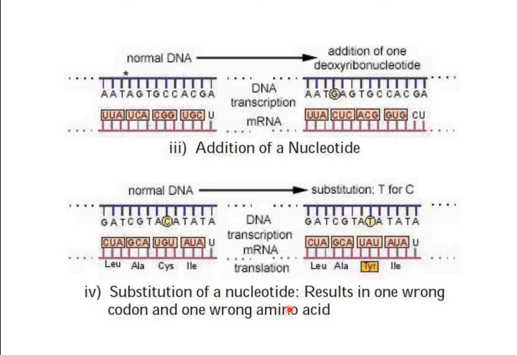Then in substitution of a nucleotide, we can see that at this position this cytosine is being replaced by thymine. An example of frame shift mutation is Tay-Sachs disease, along with increased susceptibility to certain cancers and classes of familial hypercholesterolemia.